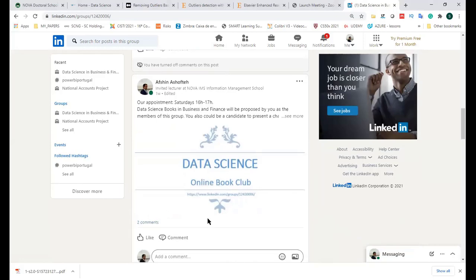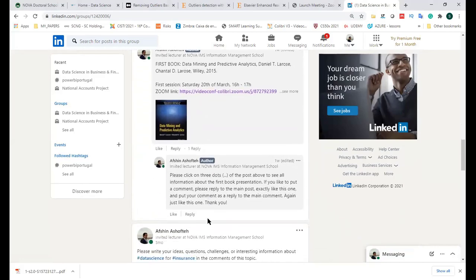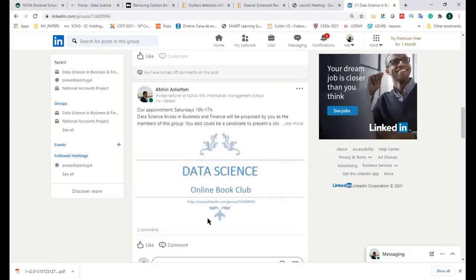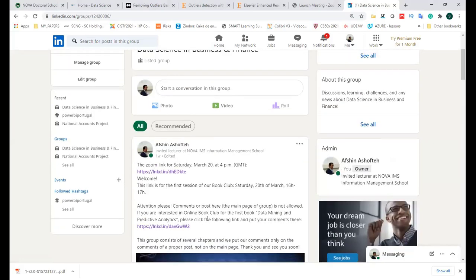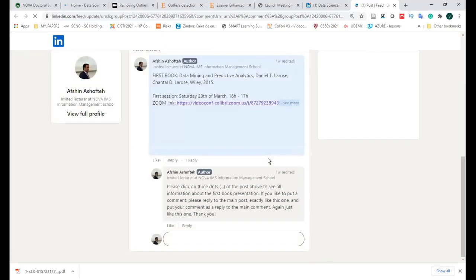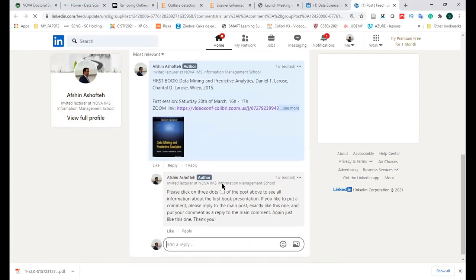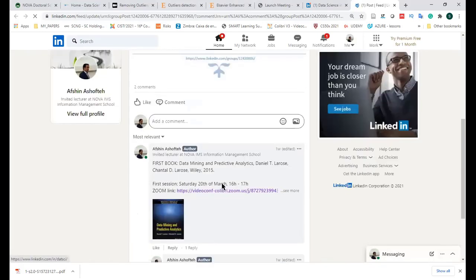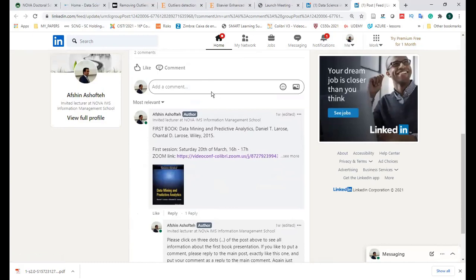If you open comments, you can see what we have written here about this book before, okay? Even if you click on this one, you will see that it's going to open. And you have that page, the page of the book. All right, so this is the page of the book. I put all of the materials here, and then you can add the comments.